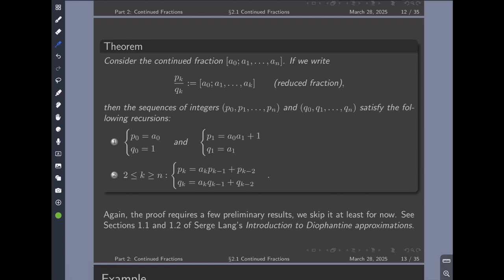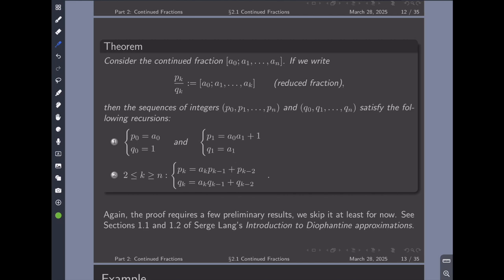So the point is that I can always perform the operations. And now this continued fraction gives me a rational number. From this, I can extract a finite sequence of rational numbers, namely by truncating the continued fraction. I start with a0, and then the continued fraction a0, a1, and then a0, a1, a2, etc. This gives me a sequence of rationals whose first member is a0, and the last one is the rational number I am focusing on.